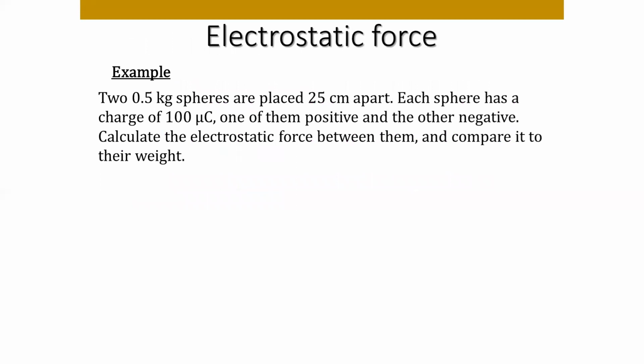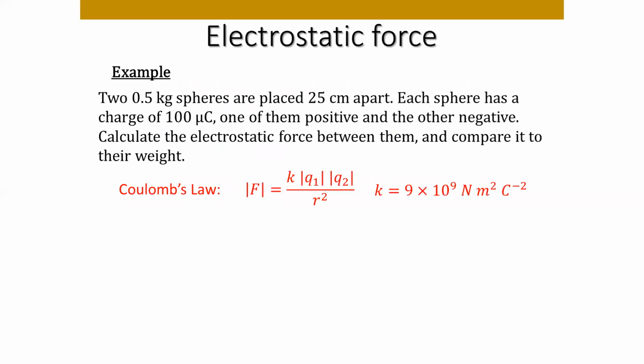Now, an electrostatic force example. Here 2.5 kg spheres are placed 25 centimeters apart. Each sphere has a charge of 100 microcoulomb, one of them positive and the other negative.